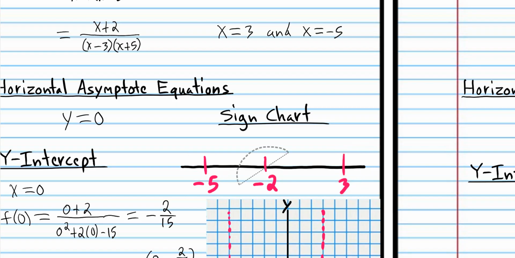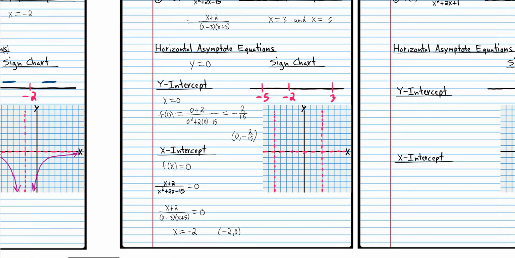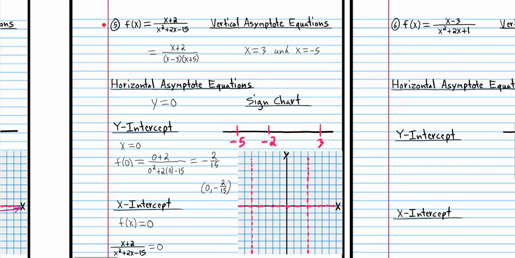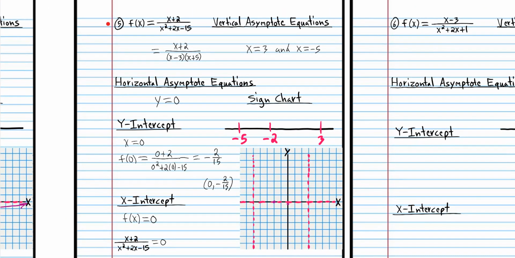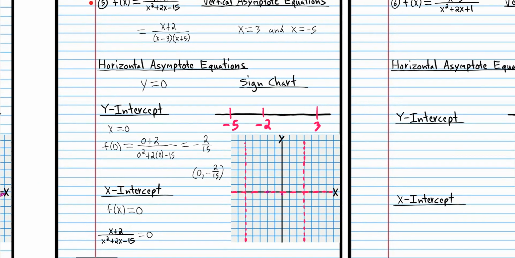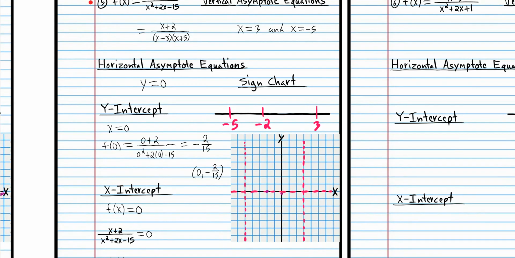It doesn't have to be perfect. Something like that. Now again, the reason that we mark those locations where we have x-intercepts and vertical asymptotes is that's potentially where the graph can change from below the x-axis to above, or vice versa. So let's figure out where our graph is below or above the x-axis.